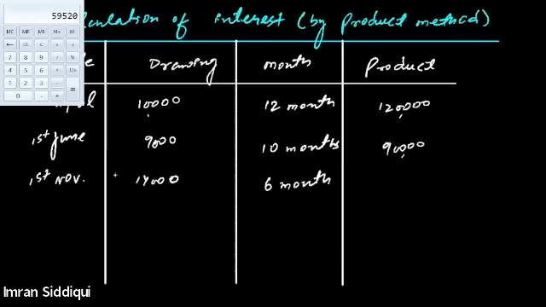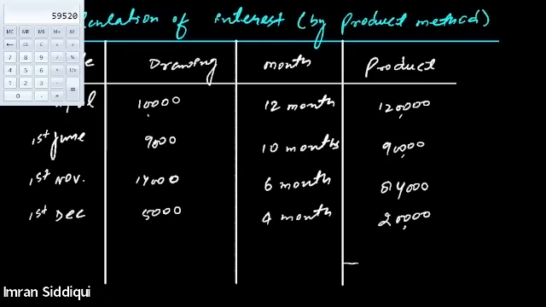Tell me. And then finally, 1st December, 5,000. After 1st December, we have 4 more months. So this will be 5 into 4, 20.